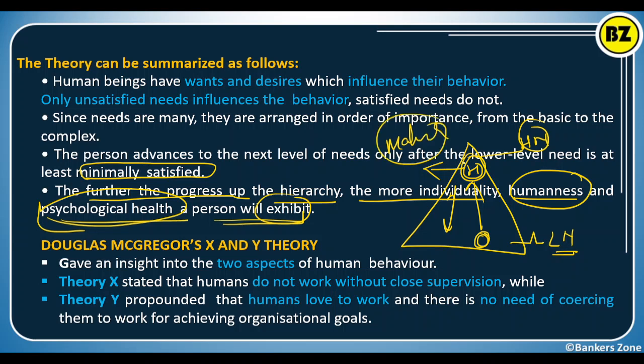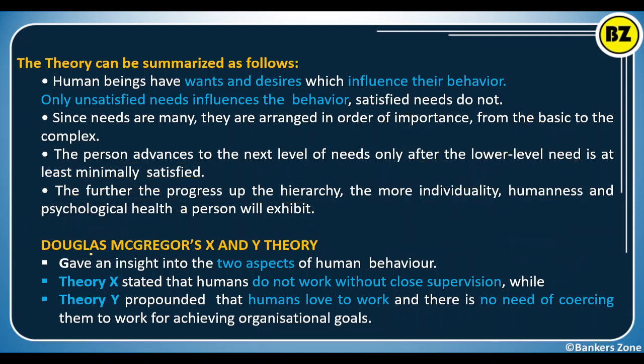Once the person reaches self-actualization, you can say he is highly mature, because it will exhibit in how he behaves. Obviously it will show once the needs have been fulfilled.